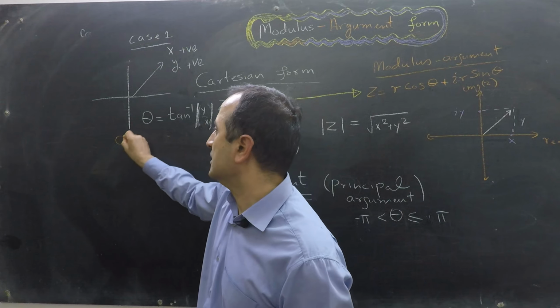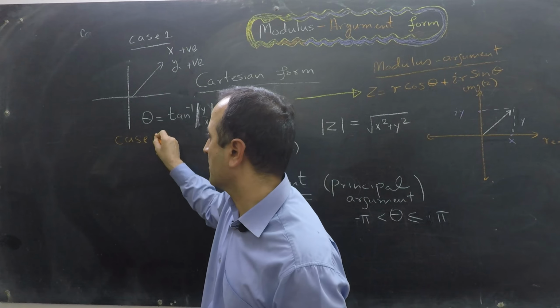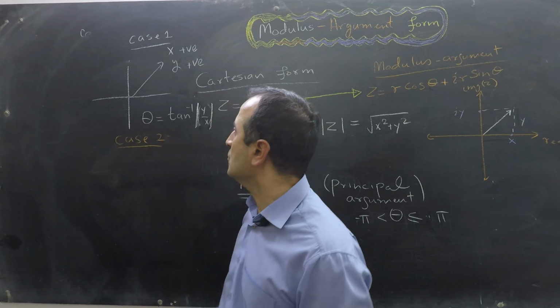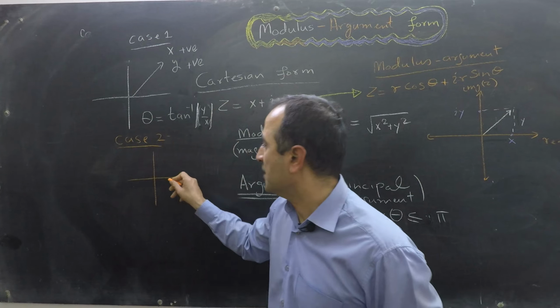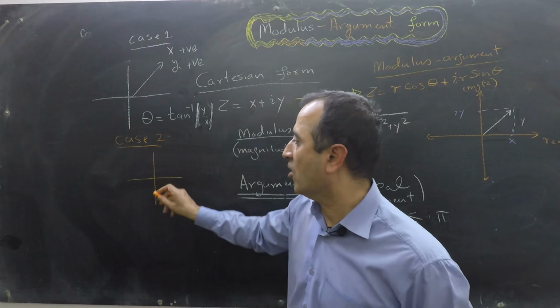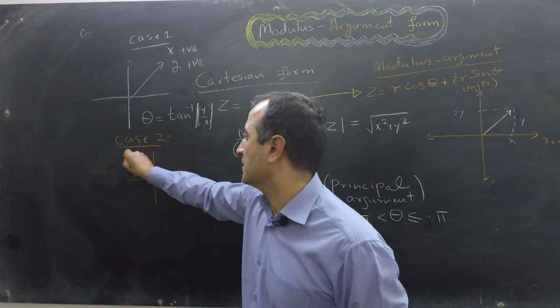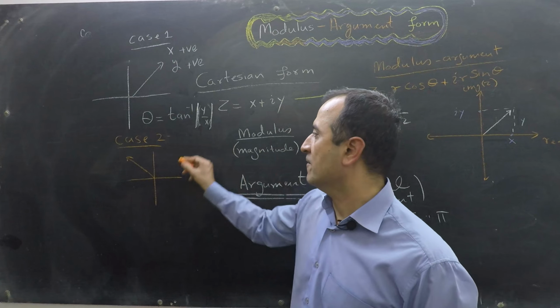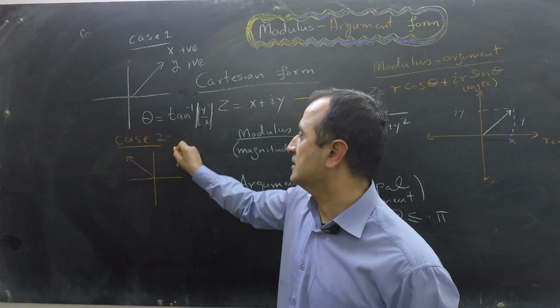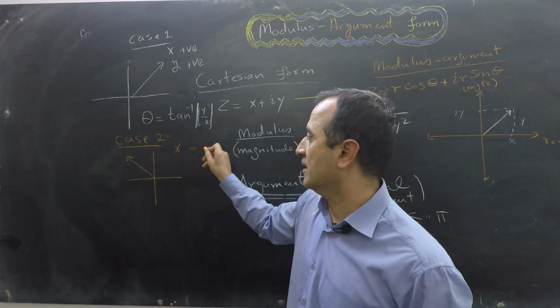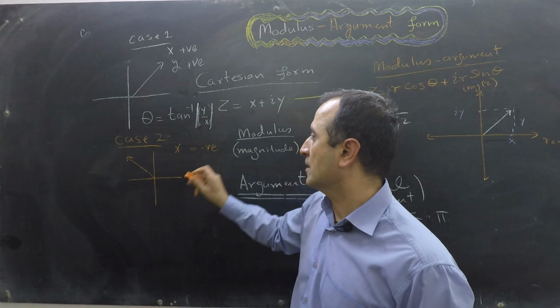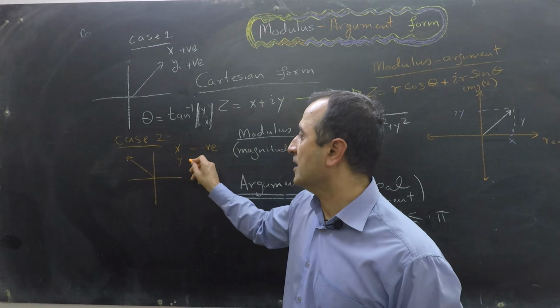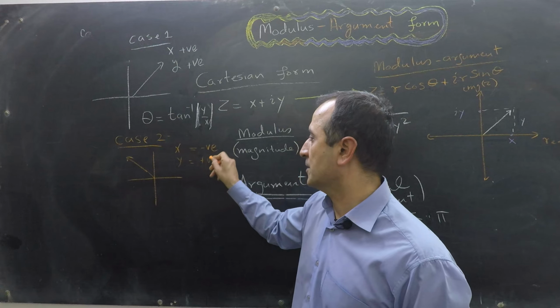So now let's see case 2. In case 2, my position vector is in the second quadrant. So here in case 2, my value of x is a negative real number, whereas my value of y is still a positive real number.